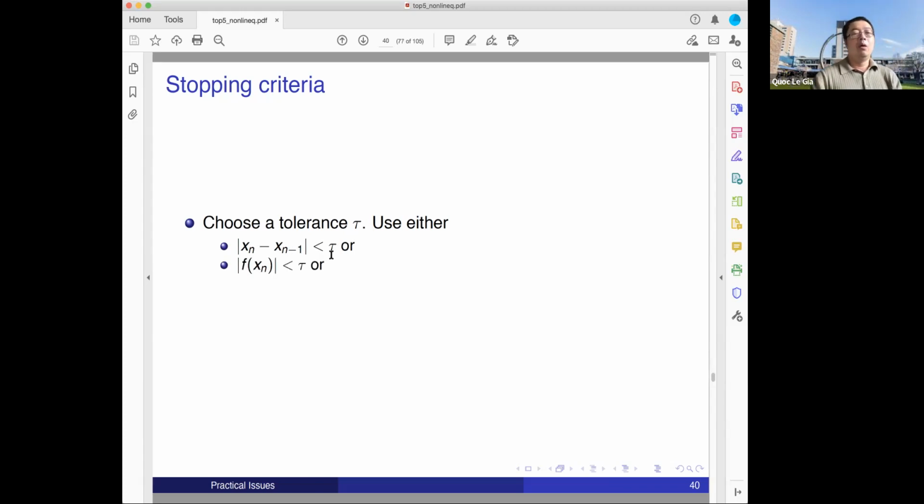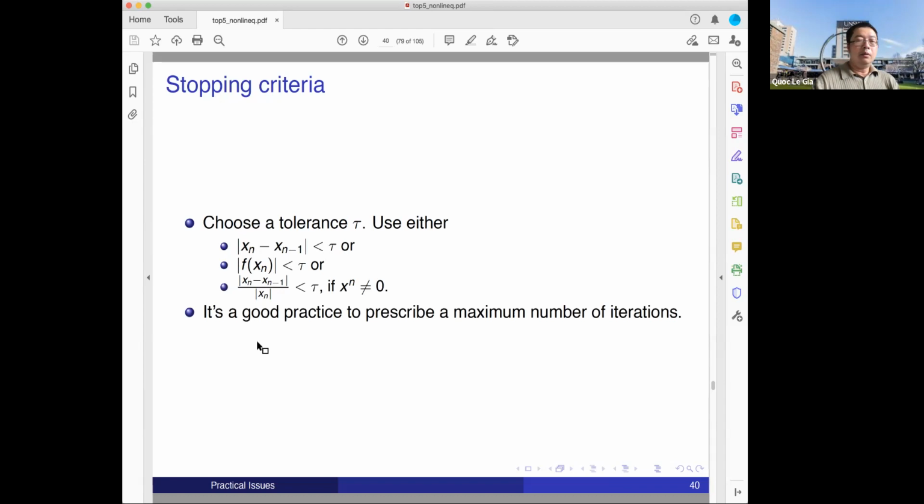Or, if you can evaluate the function f, and its value is less than some tolerance tau, could be epsilon or a multiple of epsilon, then you can stop. Or you can choose the relative error instead of the absolute error between the two successive iterations. And you can also give a maximum number of iterations. You don't want it to iterate forever. Say maybe you do 100 iterations and you stop.